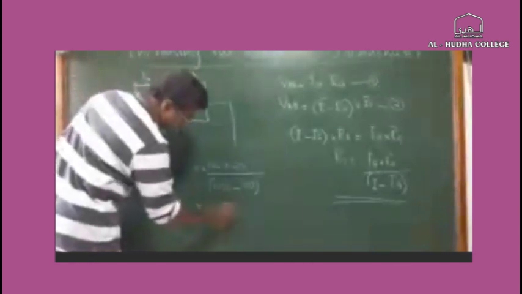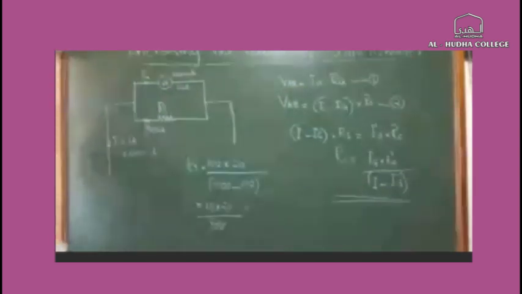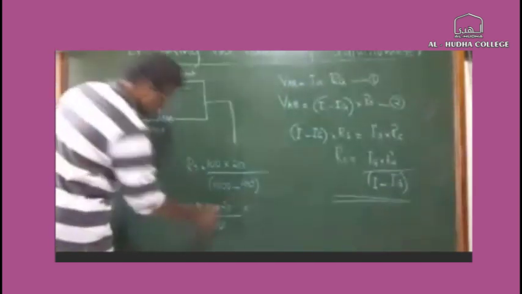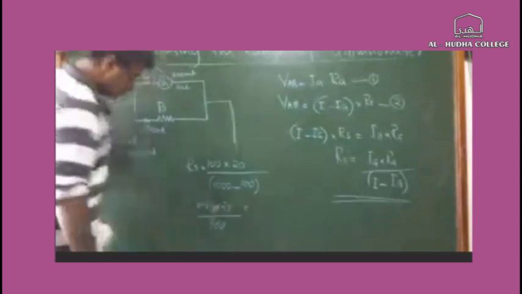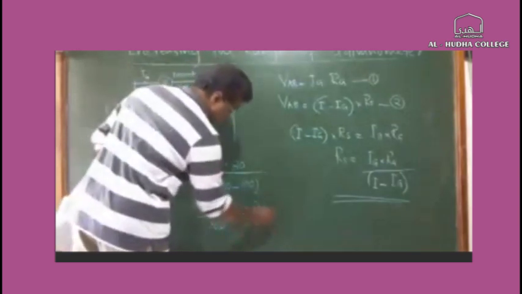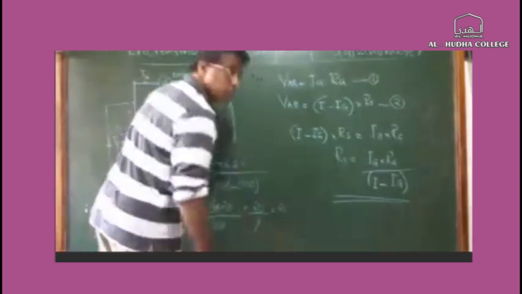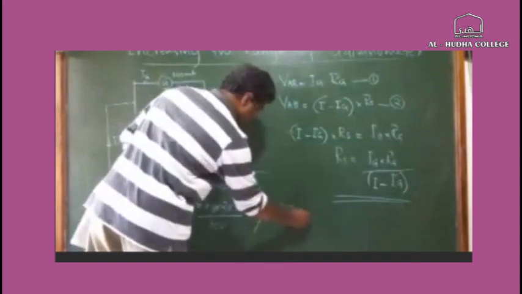So 100 into 20 divided by 900. That is 20 divided by 9, 2.22 ohm.